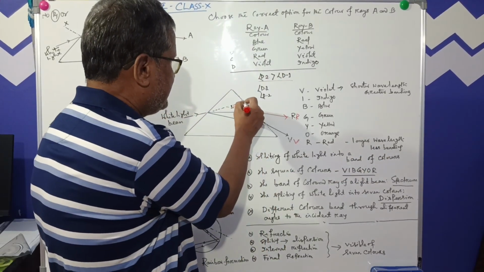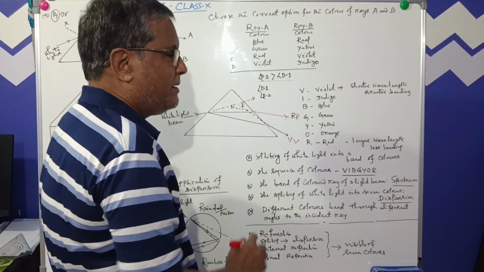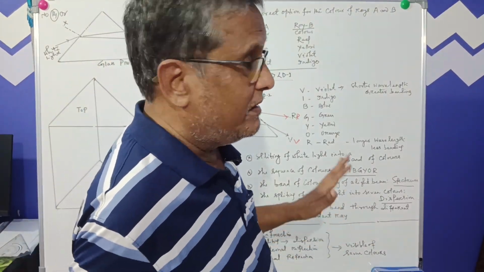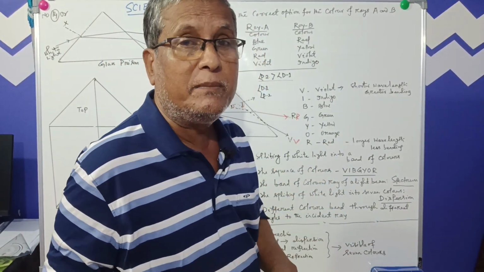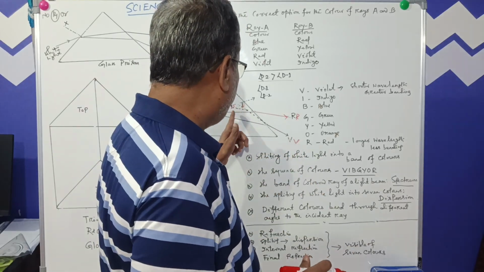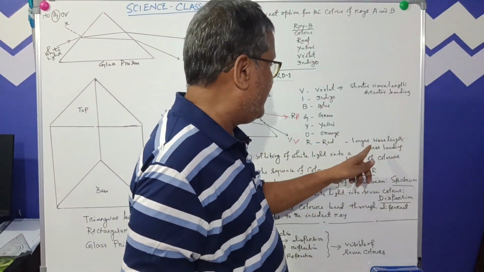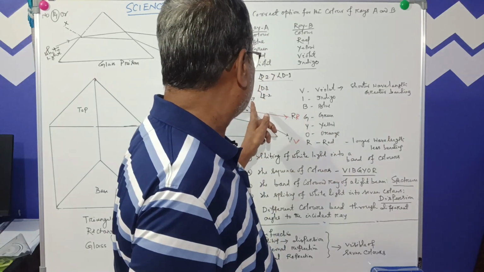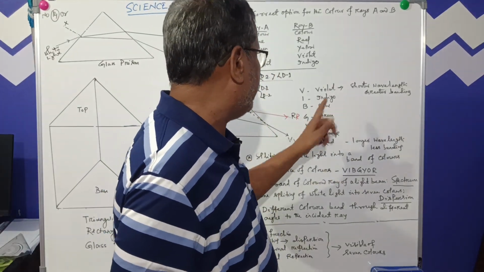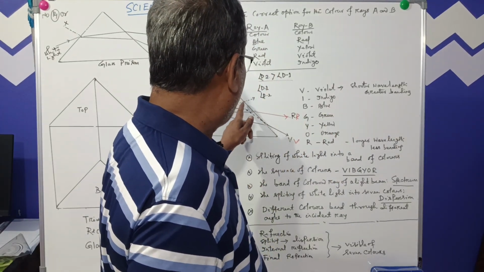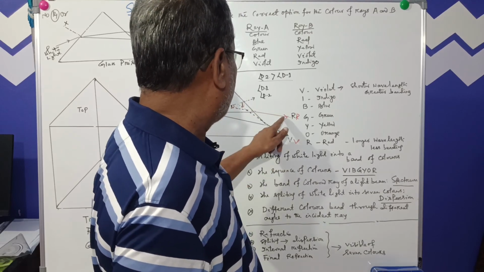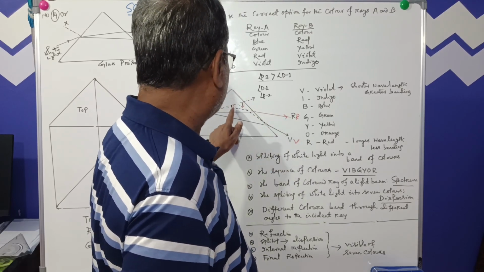Now this diagram will be very sufficient to make your concept clear regarding angle of deviation, longer wavelength for red light and shorter wavelength for violet light. For violet light, the angle of deviation is more. For red light, the angle of deviation is less.